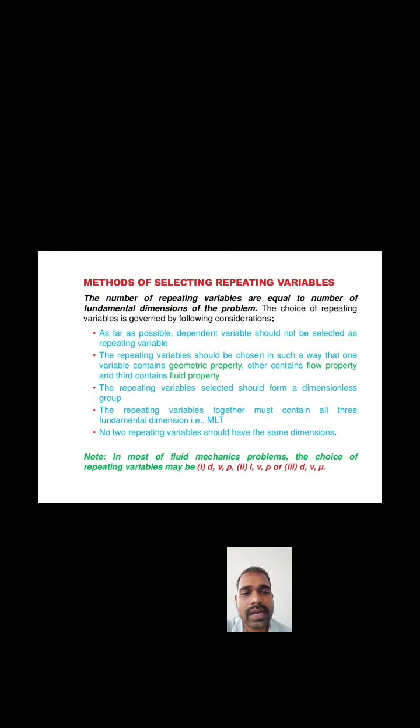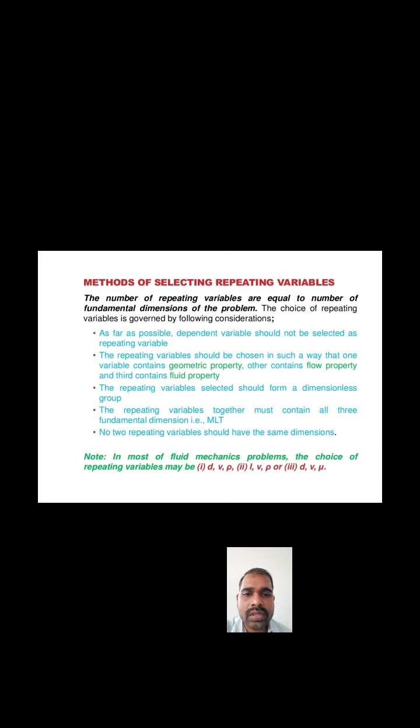How do we select the repeating variables? One is a geometric property, such as length or diameter. One is a flow property, such as velocity or acceleration. And one is a fluid property, which is density or kinematic viscosity.